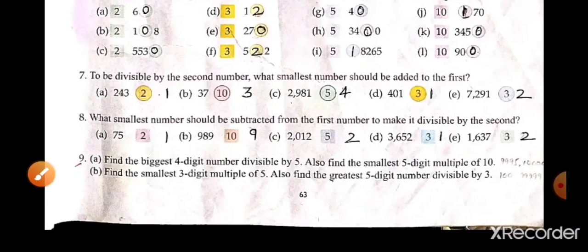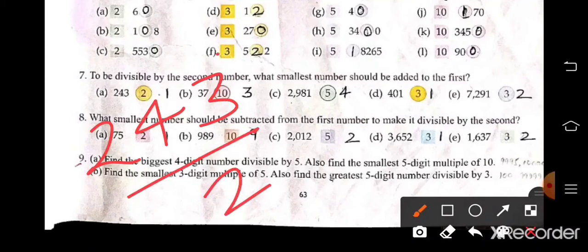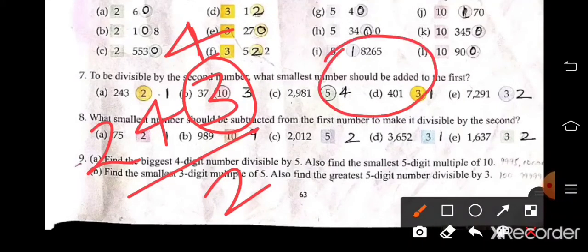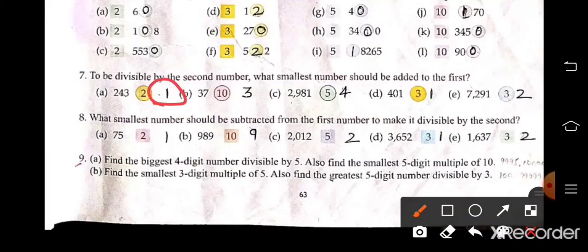Okay. Now to be divisible by the second number, what smallest number should be added to the first? So here 1243. For divisible by 2, here should be 4. Okay, because this is an odd number. To make it an even number, we should add here 1. Okay, so write here 1.